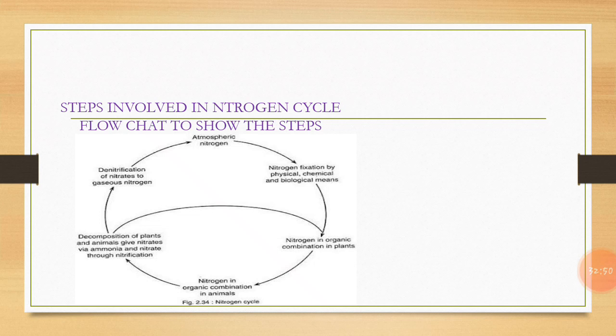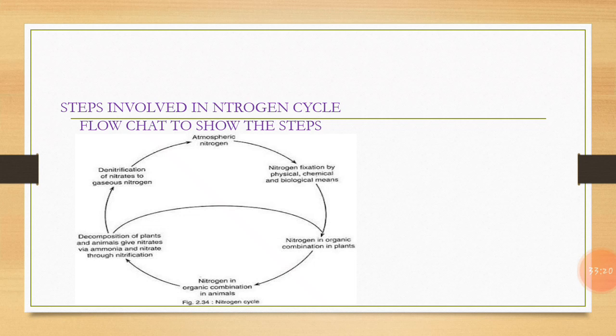Denitrification is carried out by denitrifying bacteria such as Clostridium. What bacteria play the important role in converting nitrate into gaseous nitrogen? They are Clostridium and Pseudomonas, which process the nitrate to gain the oxygen and give out free nitrogen gas as a byproduct.